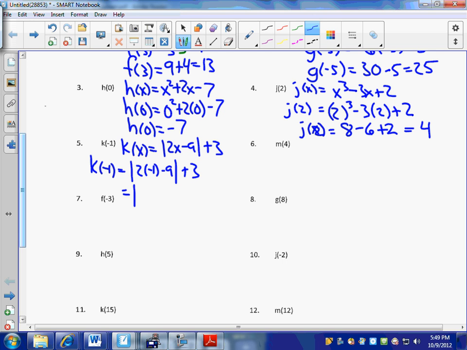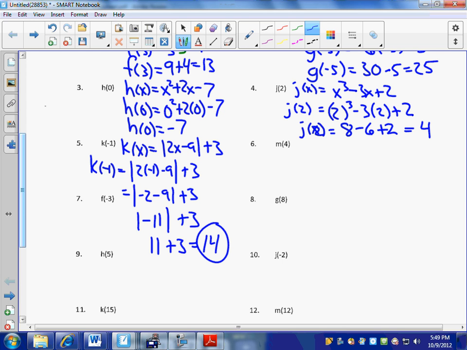So the absolute value of 2 times negative 1 is negative 2 minus 9 plus 3. What's negative 2 minus 9? It's negative 11. What's the absolute value of negative 11? Positive 11. Plus 3 is 14. So 14 is the result.